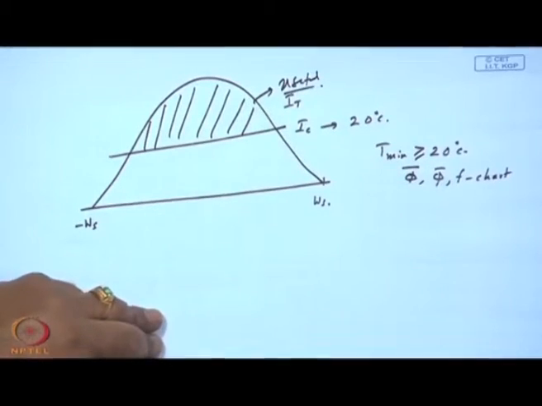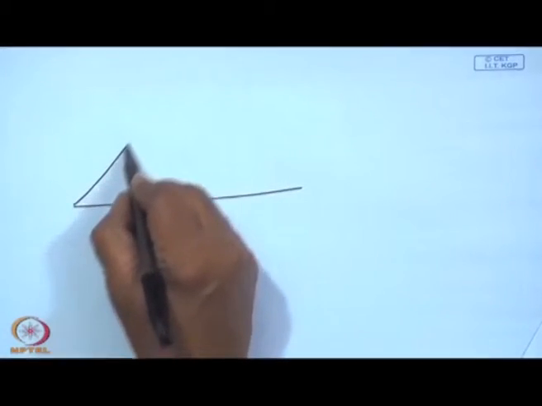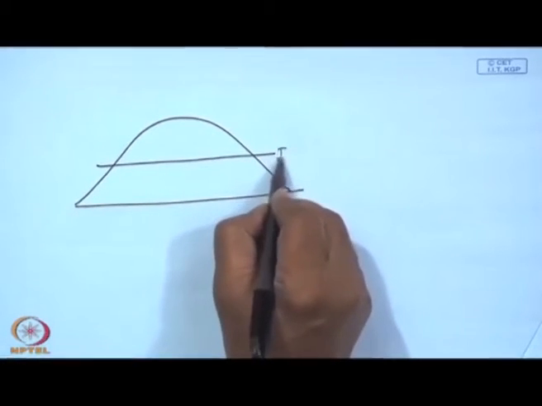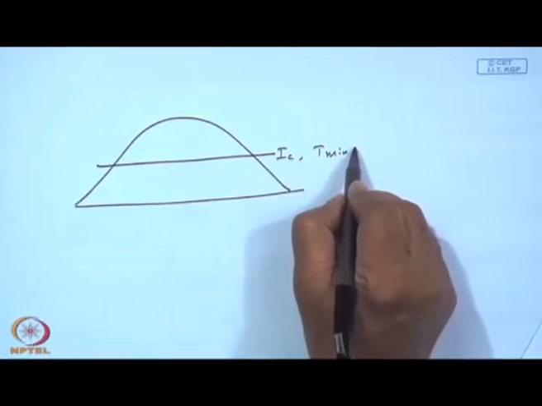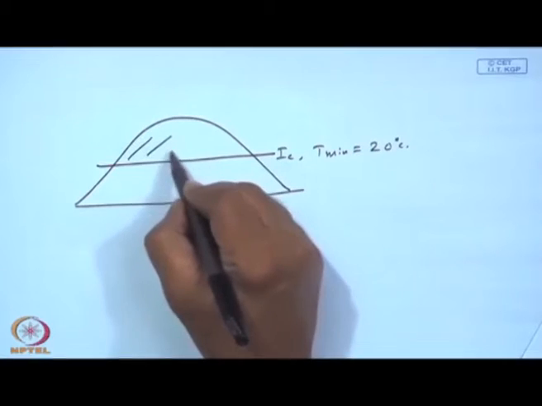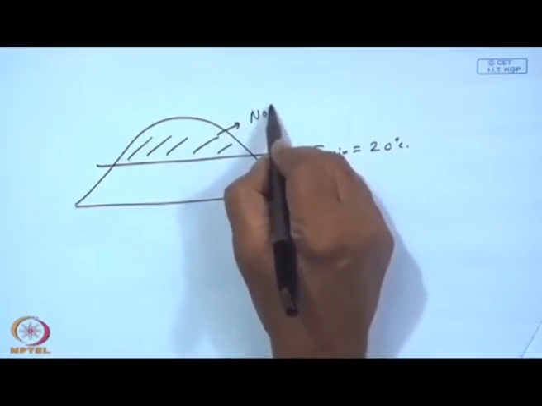In the case of a direct gain window, this is I_C corresponding to T minimum, let us say 20 C, this is not utilizable.